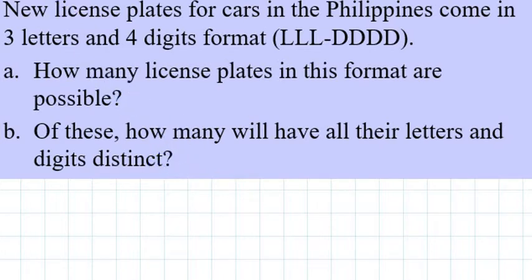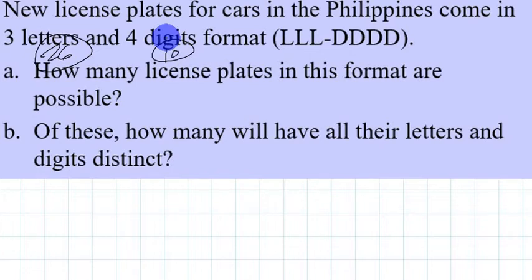Alright, first, we have to know the number of possible options that we would have. So, for letters, since we are getting the English alphabet for this one, we know that we would have 26 letters to work with, and we would have 10 digits to work with from 0 to 9.